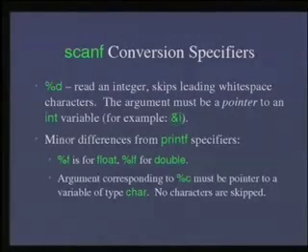There are minor differences from the printf specifier. For example, %f is for float instead of double, and %lf is used for double instead. Similarly, for %c, the corresponding argument must be a pointer to a variable of type char, not int. And in this case, what happens is that scanf reads a character and assigns its value, which is the ASCII code of the character, to the variable which has been specified.